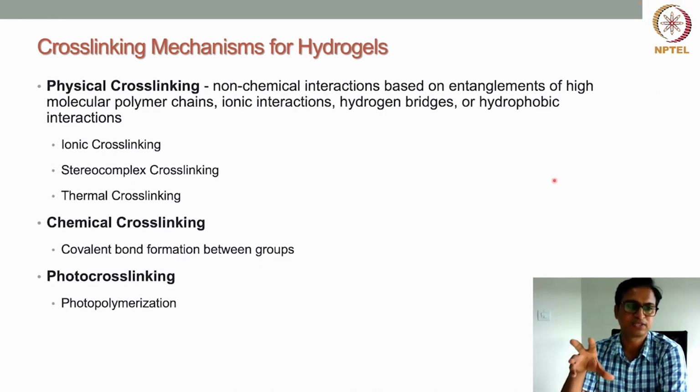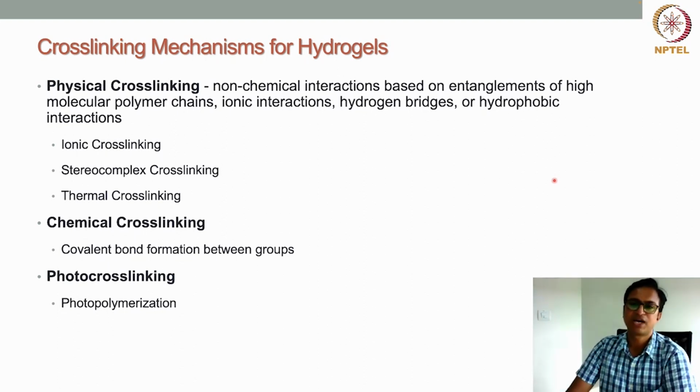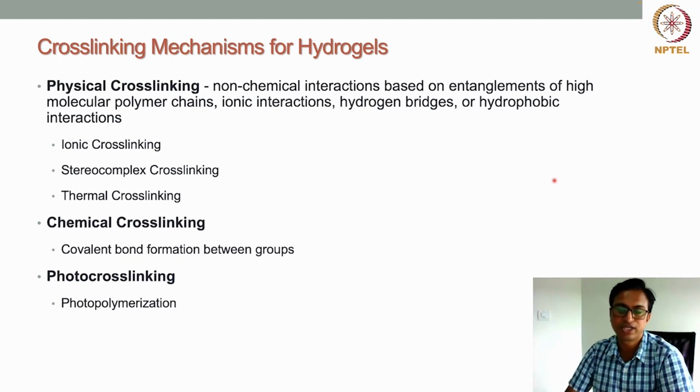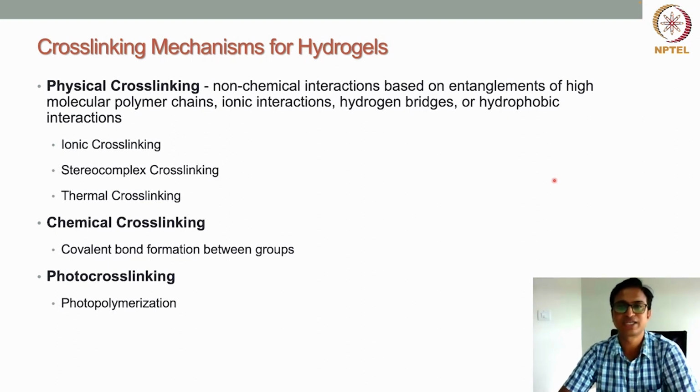of the polymers of the hydrogel material can happen due to physical means, like entanglement of the molecular chains, maybe ionic interaction, hydrogen bonding, or hydrophobic interaction, because the hydrophobic pockets can interact with water.